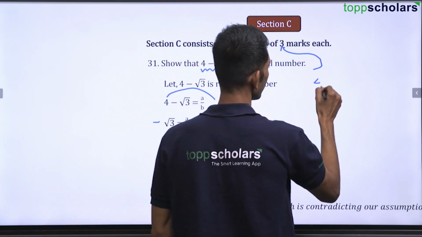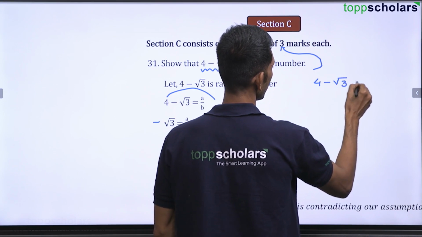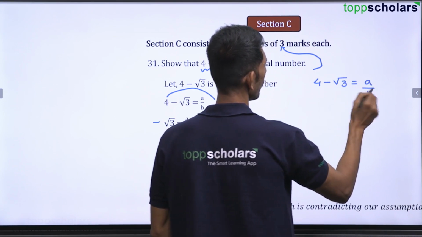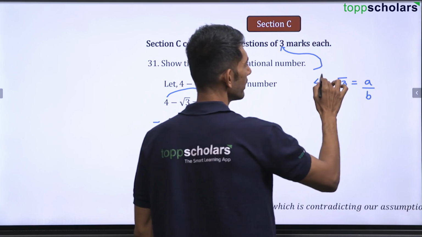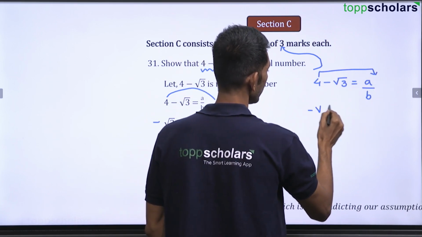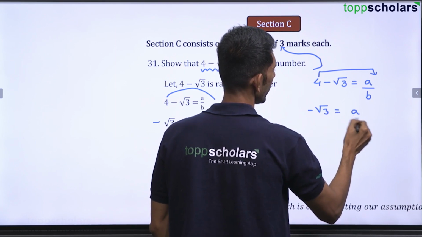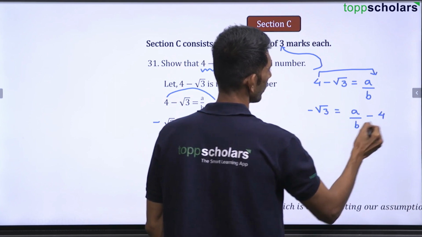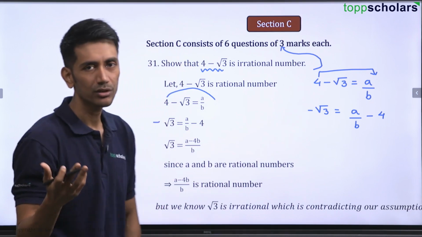So you have 4 minus root 3 is equal to a by b. What we are doing is, we are taking 4 on the other side, right? So we get minus root 3 is equal to a by b minus 4. Now you take the minus sign on both the sides.